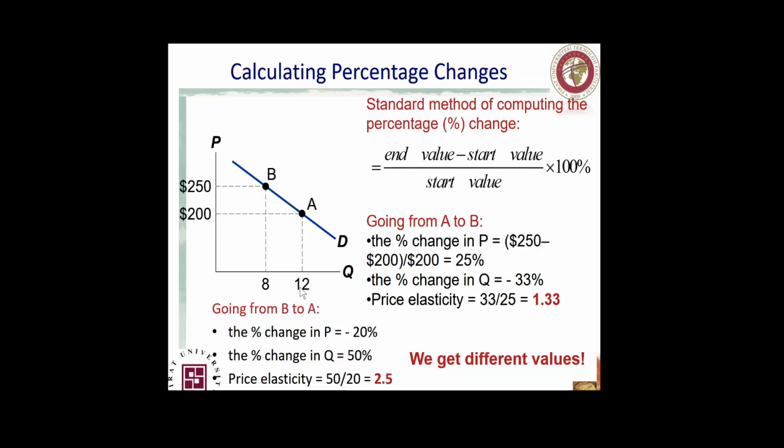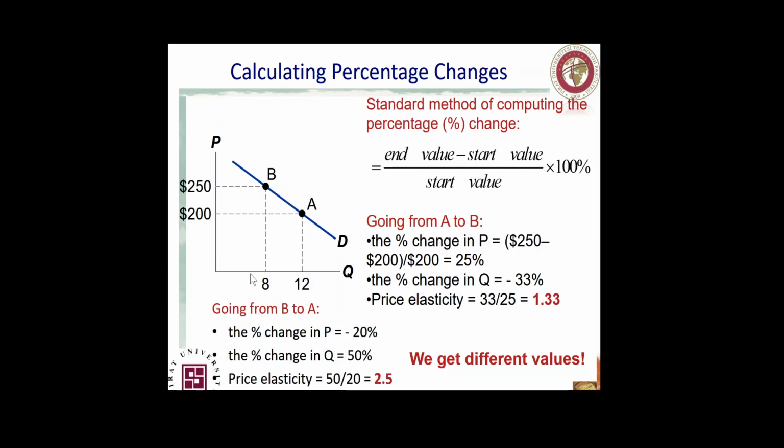Here's our quantity. Let's say we are moving from A to B, okay? So the initial quantity is 12, the final quantity or end quantity is 8. So 8 minus 12, that's minus 4 over 8, multiplied by 100, that's 25. Drop the negative sign, that's 25.